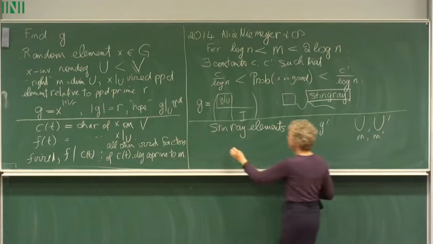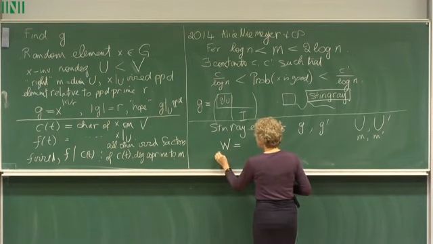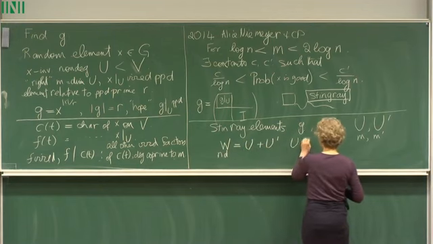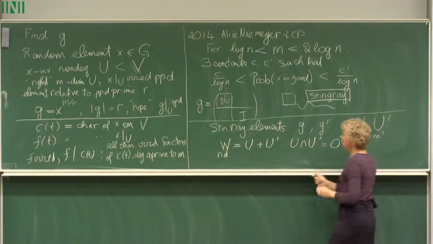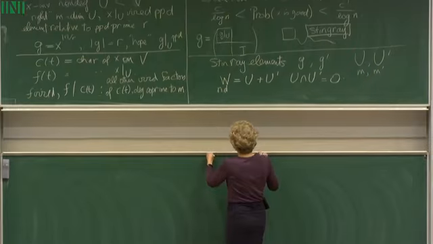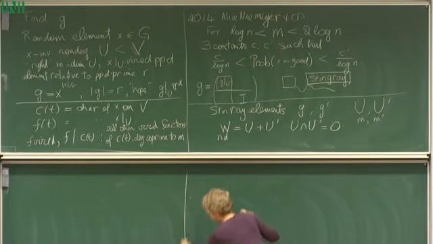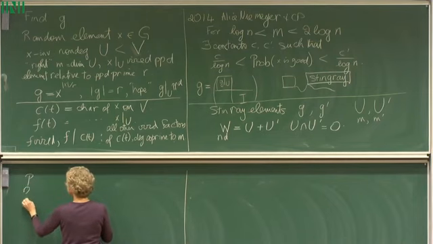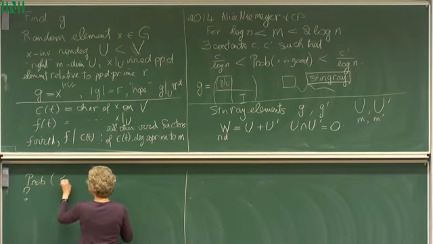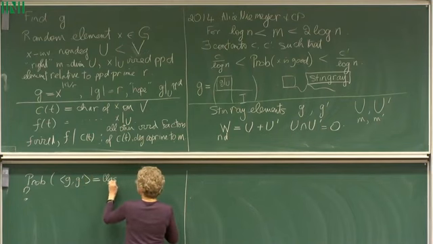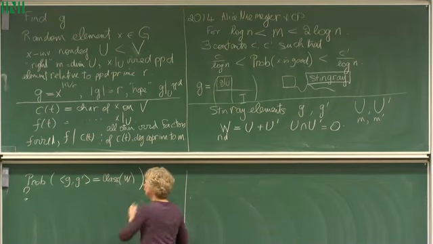And so we've got this W, which is going to be non-degenerate, we hope. It's U plus U prime, and U intersect U prime is 0. And we want to look at what is the probability that the group generated by g and g prime essentially contains the socle of the classical group on this space W.